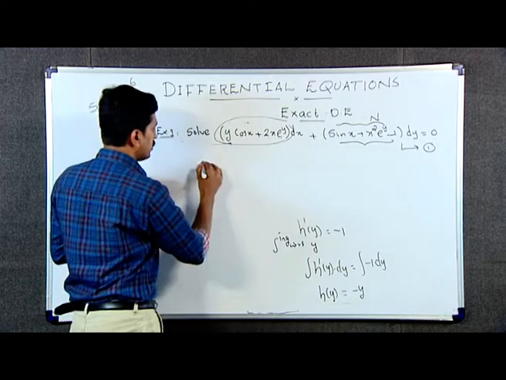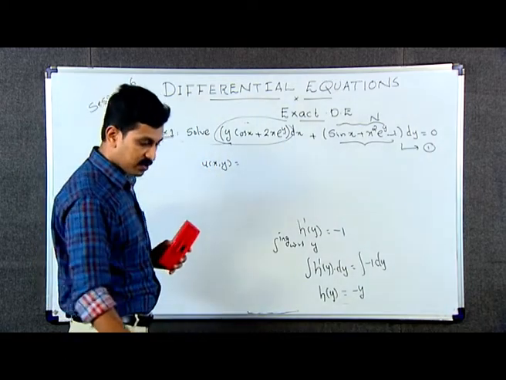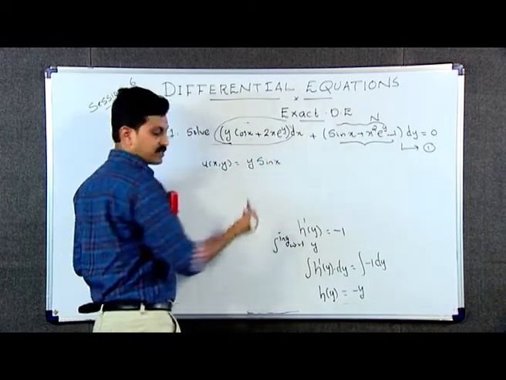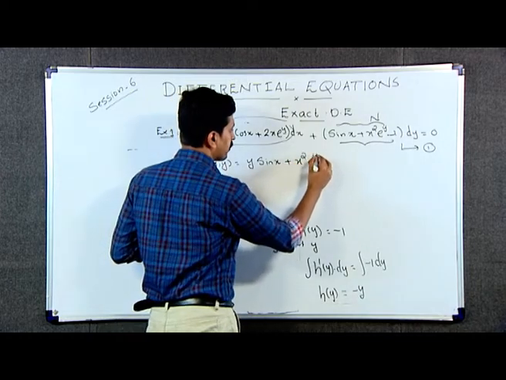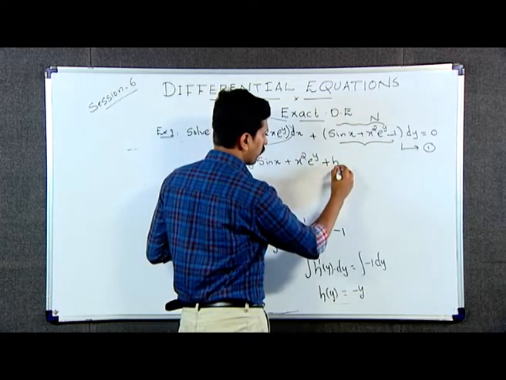Equation 3 is u of x, y equal to y sin x plus x square e raised to y plus h of y.